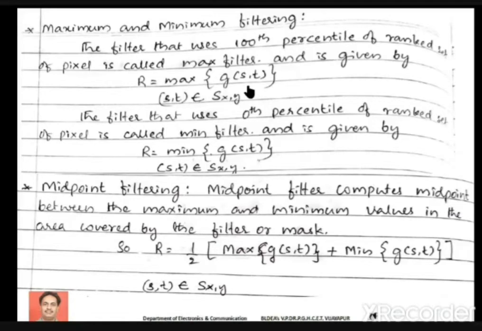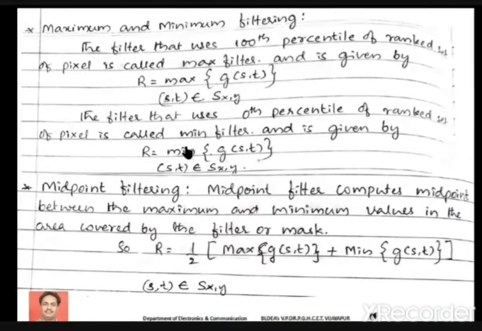You take that 3 by 3 set of pixels, whatever the maximum value you have in that 3 by 3 mask, that you assign to the location f of x comma y. So in general we can say that when we apply the maximum filter, the entire image will move to a brighter color. On the other hand, we have the min filter. In case of min filter, each pixel is replaced by the minimum of its neighborhood pixels.